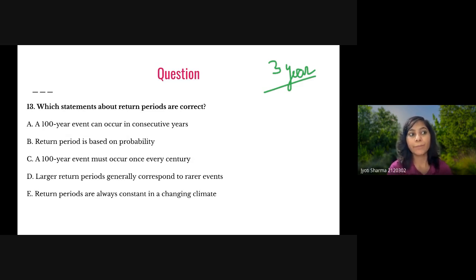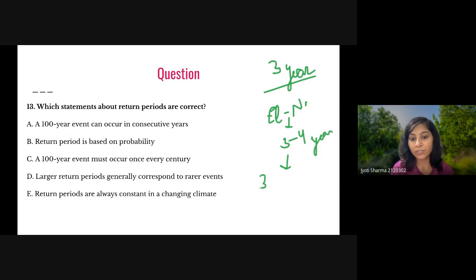Or you can say that based on El Nino, because El Nino is happening every 3 to 4 years, and if El Nino happens, it will have some impact on India. What we can see is that the return period for drought is, let's say, 3 to 4 years. So every 4 years, we may have drought, based on some studies, because the drought is related to El Nino. So this is about the return period.